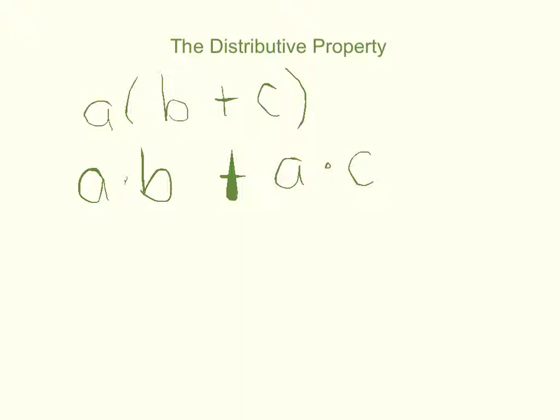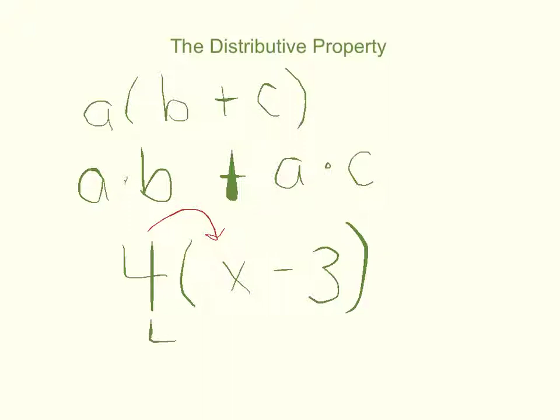I can show you an example of what that looks like right now. So for example, I might have something like 4 multiplied by a number, take away 3. So what I would do is this. I would say, okay, I'm going to multiply 4 times my variable, so 4 multiplied by x would give me 4x.